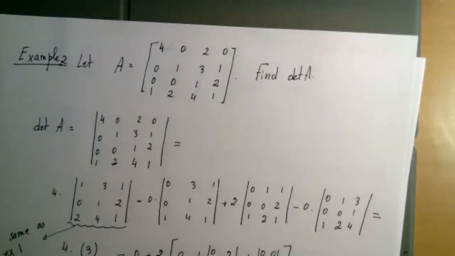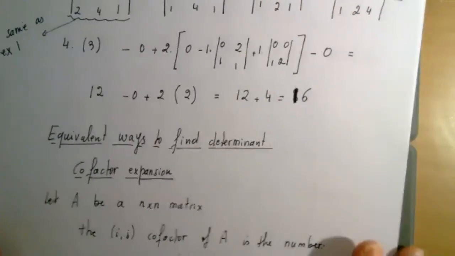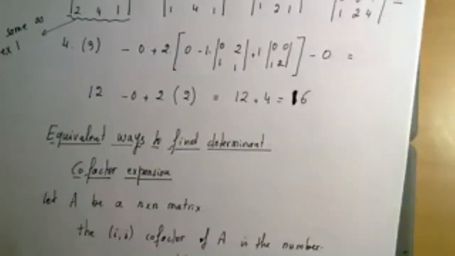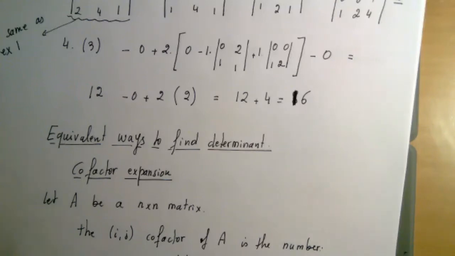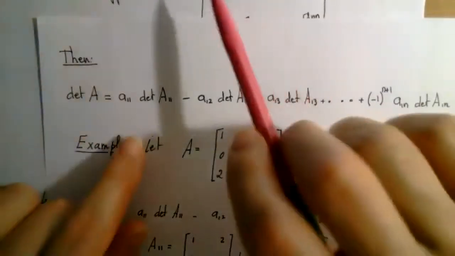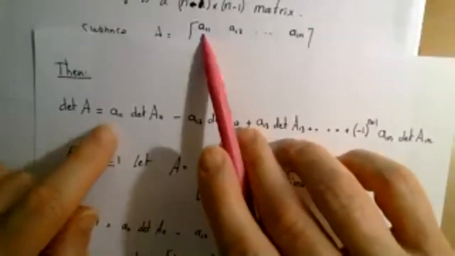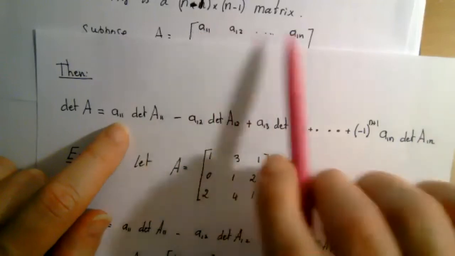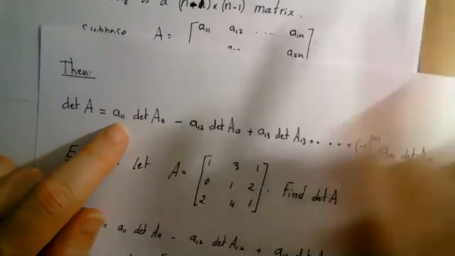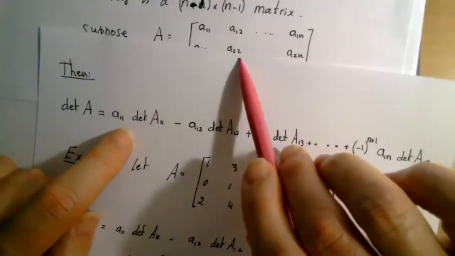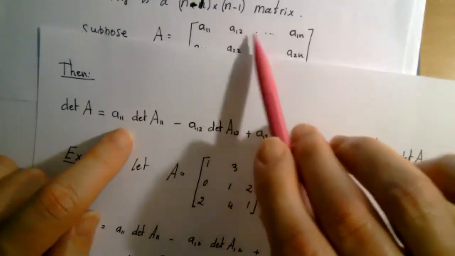Part 2 is the following. There are other ways that we can compute the determinant, and let me describe in a few words what's really the idea. The definition I gave here tells you that you take this term, A11, meaning you look at the first row, and you compute A11 times the determinant of A11 minus A12 and so on.